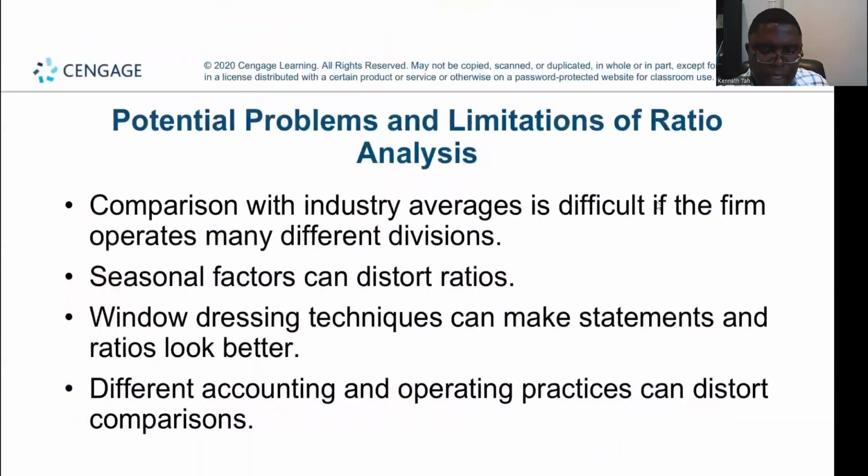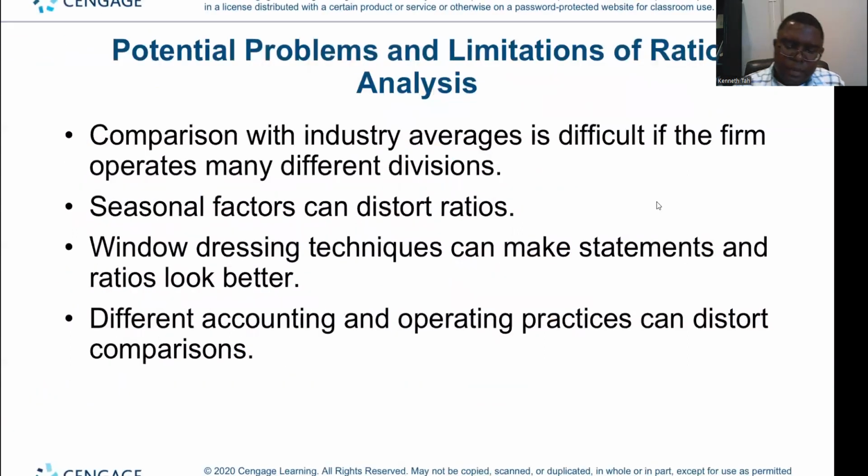All right, so the last thing is potential problems and limitations of ratio analysis. When we do ratio analysis, we do comparison with industry average. The truth is that sometimes it is difficult if the company operates many different divisions, so it is hard to fit that company within a particular industry.